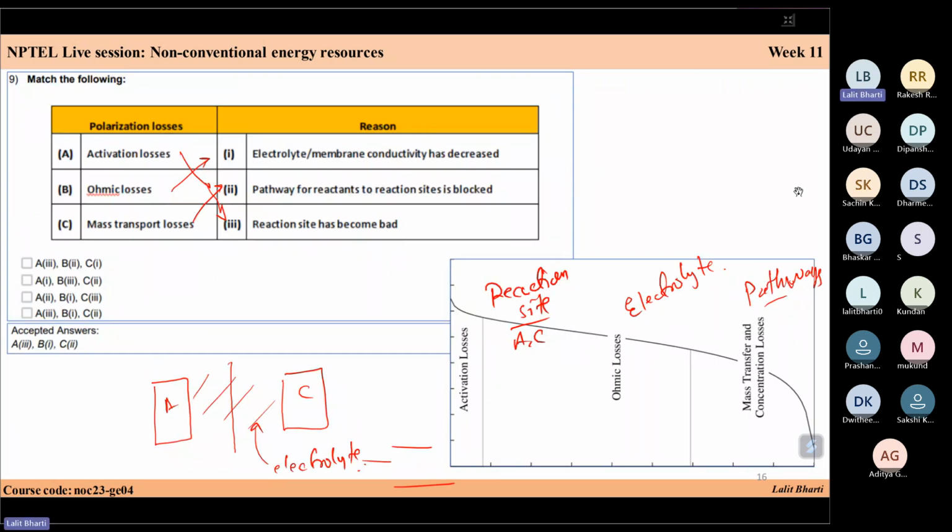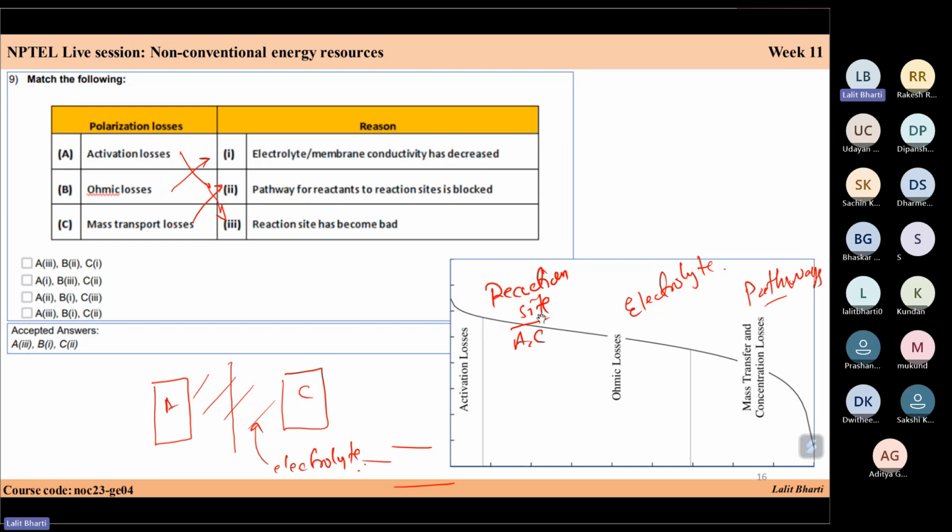Then we have the next question. It says you need to match the following. First we have the polarization losses and the region. We have already seen that we have three types of losses. First activation, then you have the ohmic loss, then the mass transfer loss. So this is your activation loss. We have already seen that activation loss comes at your lower current region.